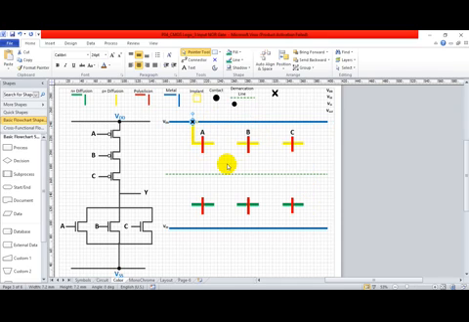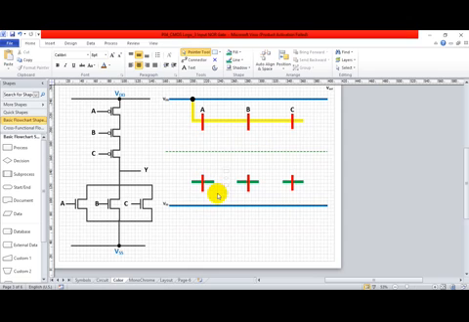Then this is shorted, so you can short this directly, this to this and this to this, and from C you will be taking the output. Similarly here, for the same connection, you can extend this A, this will be B, and this will be C.